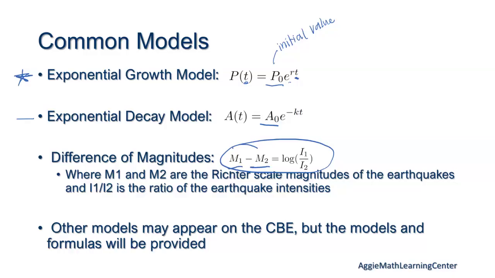And then r, or k, however you want to write it, is the growth/decay rate. And t is your dependent variable, which is usually time, which is why they put it as a t.